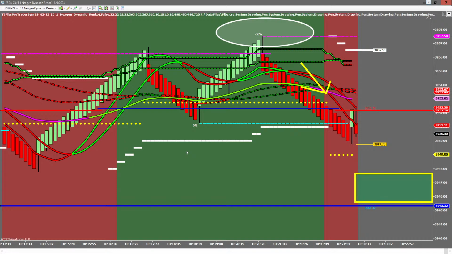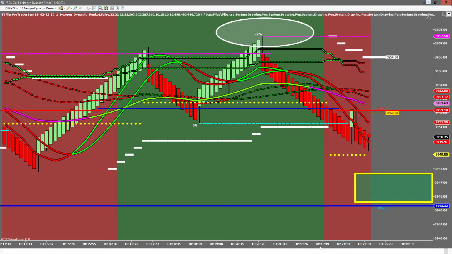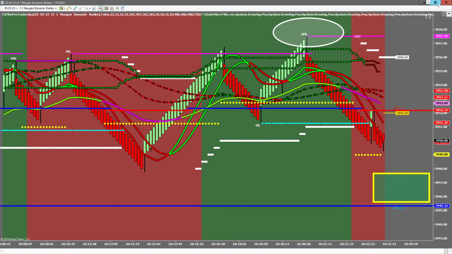See that? So worst case, you're not going long, right? Everybody okay with not going long? Hopefully visually that's pretty easy.